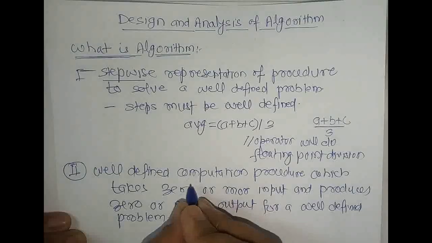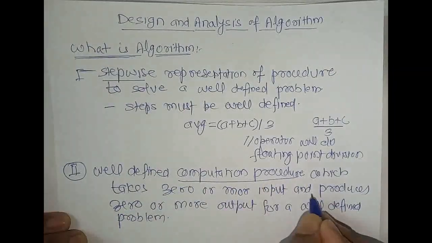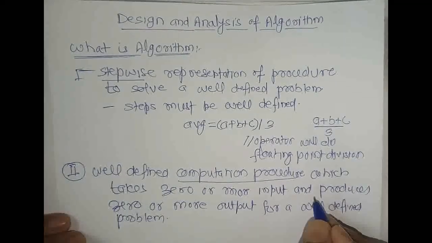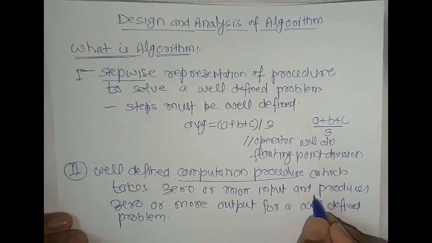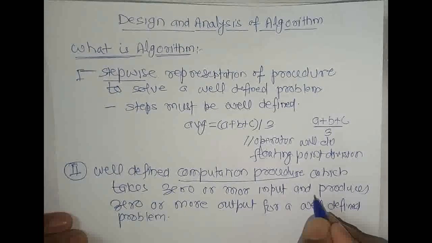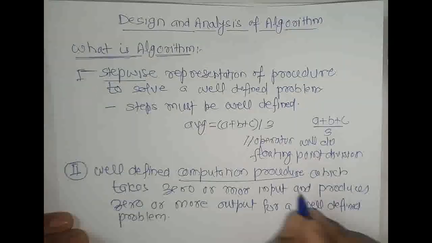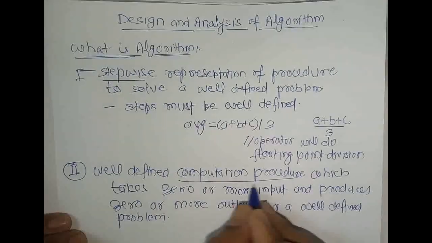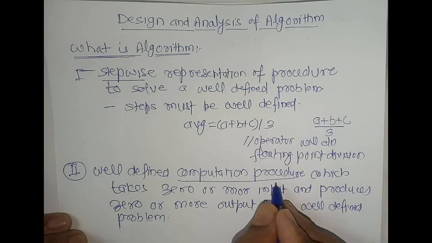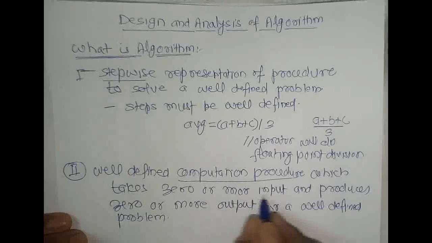Here we are saying well-defined computational procedure, because we are talking about algorithm in terms of computer programming. We write the algorithm before writing the computer programs. We convert these algorithms to programs. So here we have used computational procedure which performs computations, and algorithm must take zero or more input.